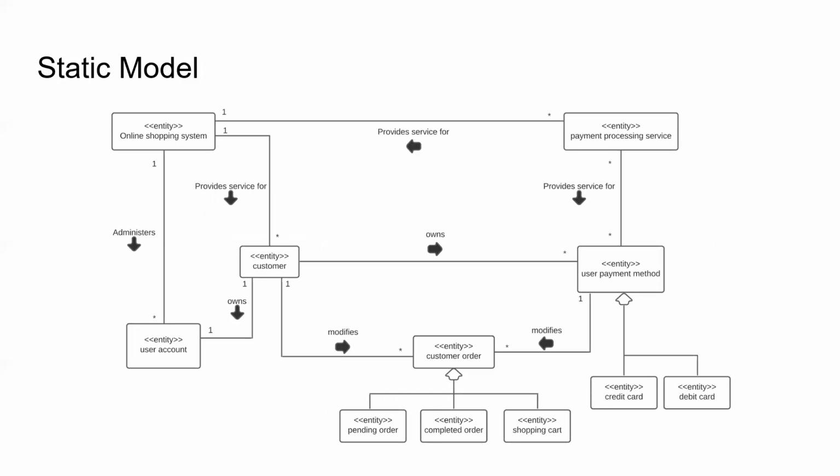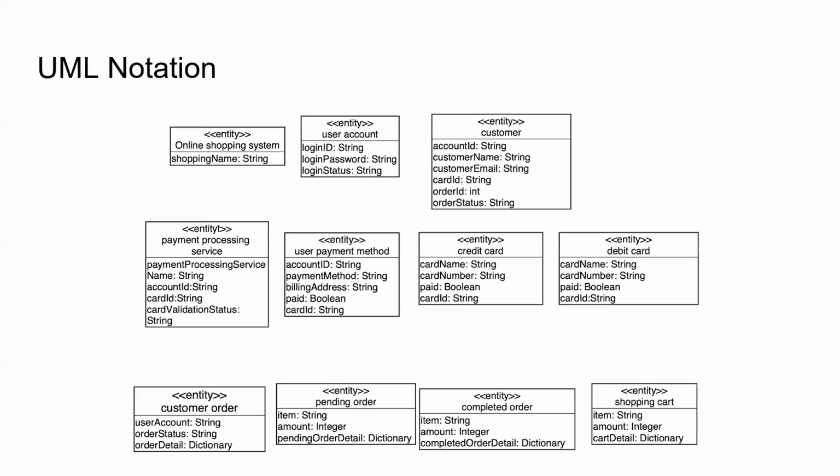And here's the static model, where it shows the entities and which entity provides a service to whom, and which modifies what, and so forth. Here's the UML notation, giving a further detail of what is within those entities.